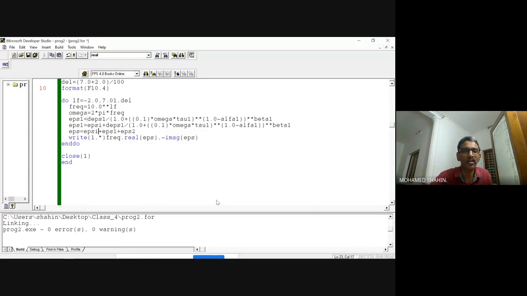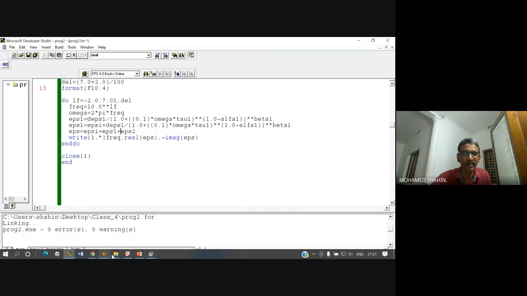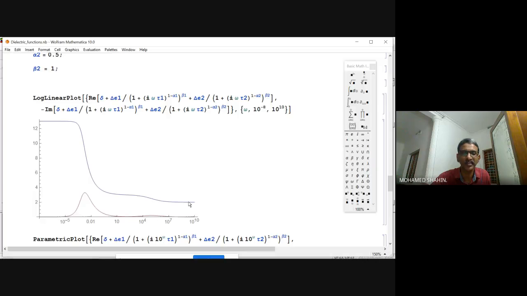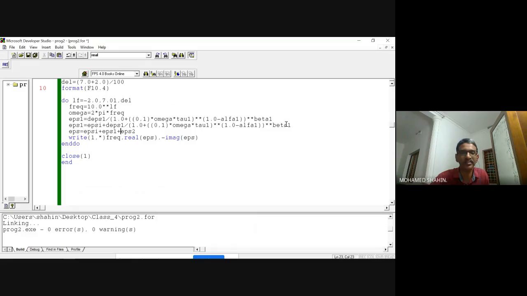Okay, so epsilon infinity. Now you go to this graph. You can see that epsilon infinity plus first process plus second process. So that is what I am doing. Epsilon infinity plus DEPS1 divided by 1 plus i omega tau 1, this thing.